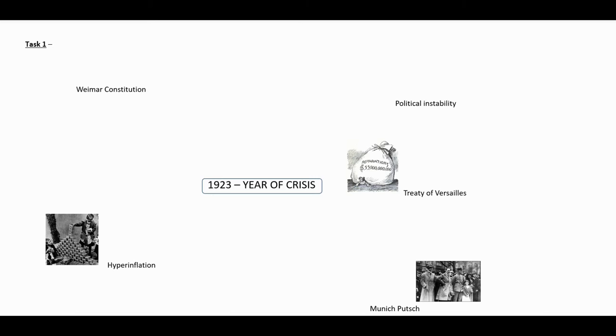So these things are interconnected. These problems that Germany had are all connected to the problems of government, the problems associated with the Treaty of Versailles, and the continued political and economic instability in Germany after the First World War.